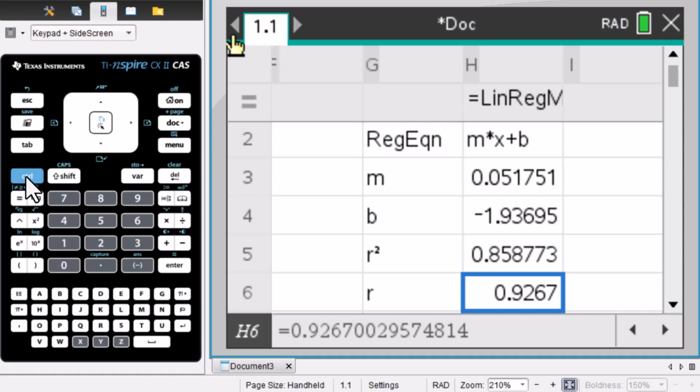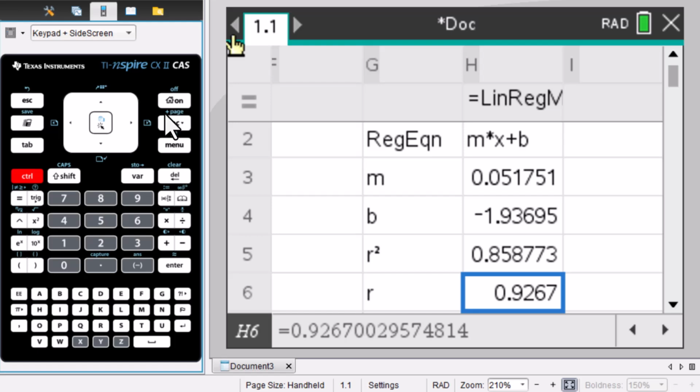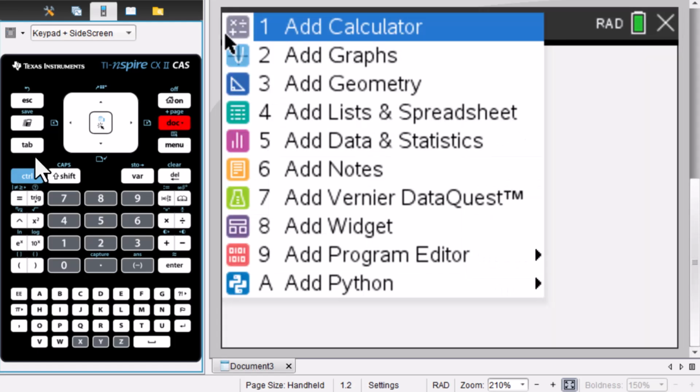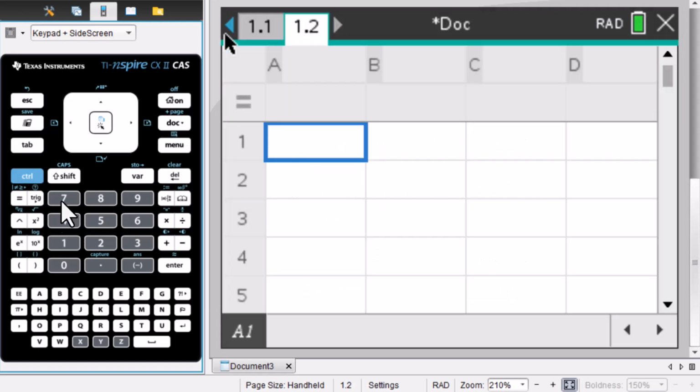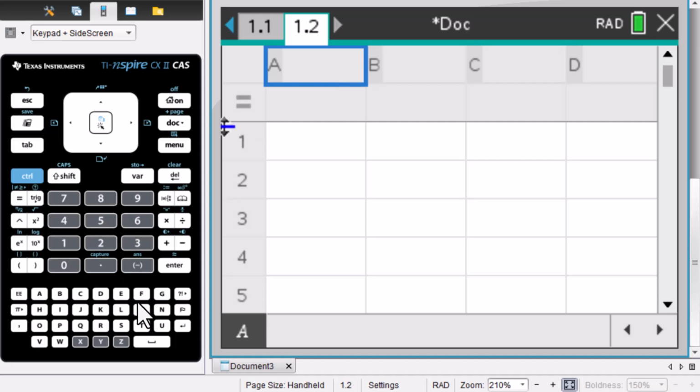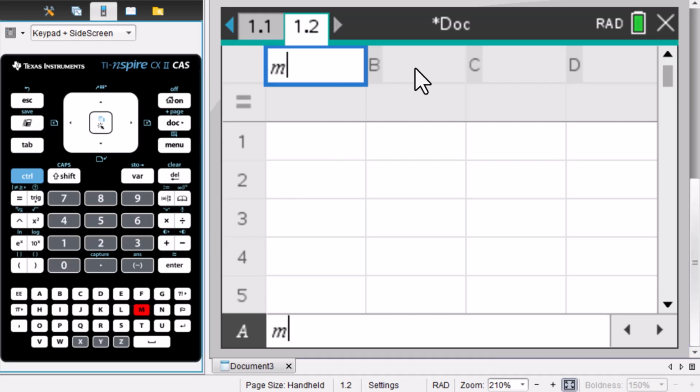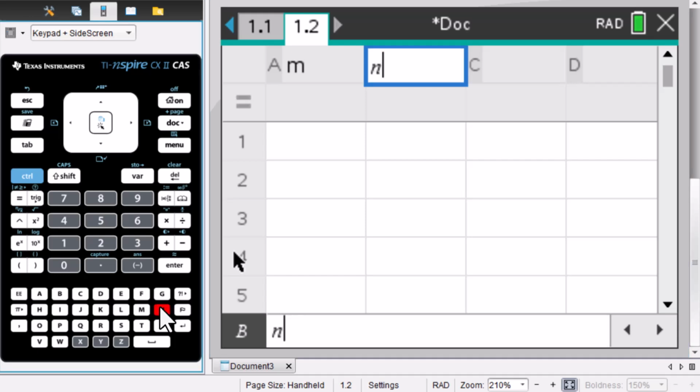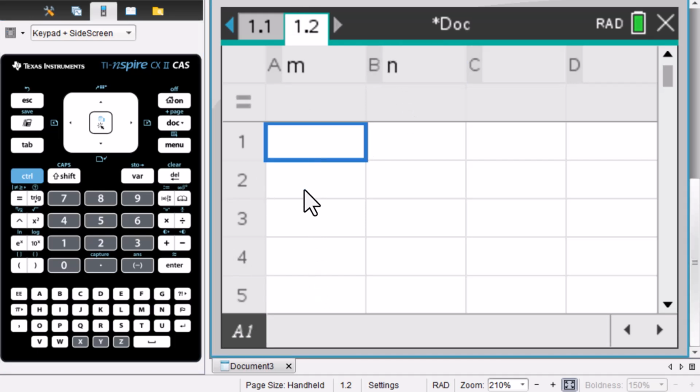Let's add another page, Control Doc 4. This time we will use M and N for the name of each column. Put the data in.